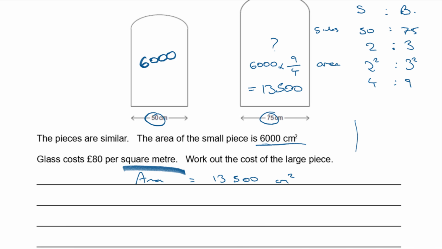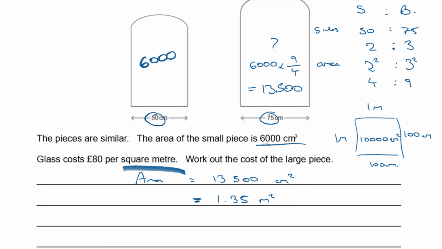Well, if you think about a square meter, 1 meter by 1 meter, it's going to be 100 centimeters by 100 centimeters, isn't it? So 100 times 100 is 10,000 square centimeters in a square meter. So if I want to turn 13,500 square centimeters into square meters, I need to divide it by 10,000, and that's going to give me 1.35 square meters.